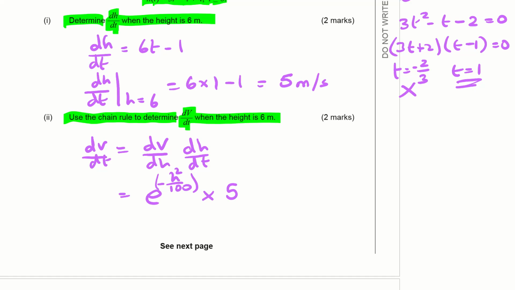And so when the height is 6, oh, that's going to be 6 there. So e to the negative 6 squared over 100 times 5, and then we just calculate that. 3.488 meters cubed per second.